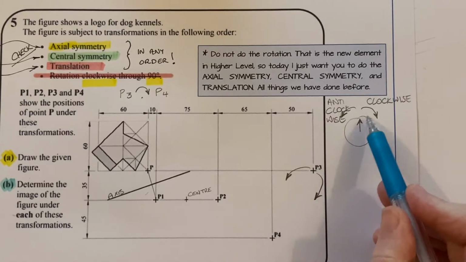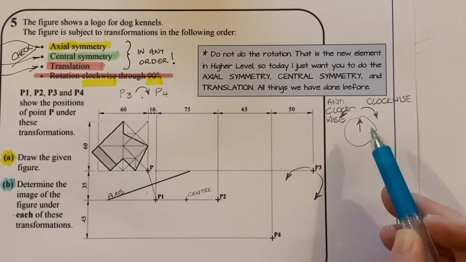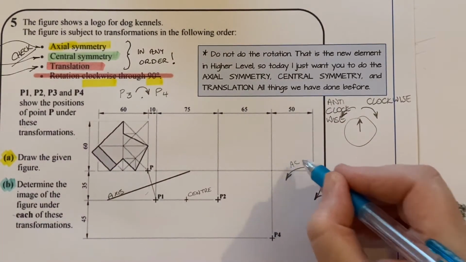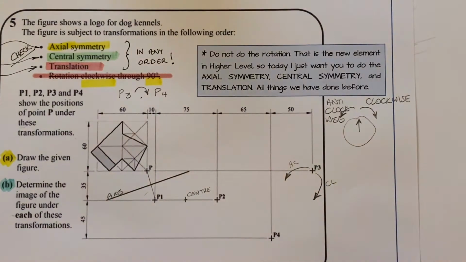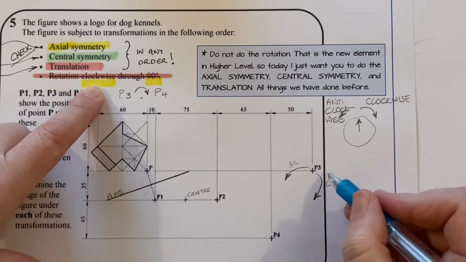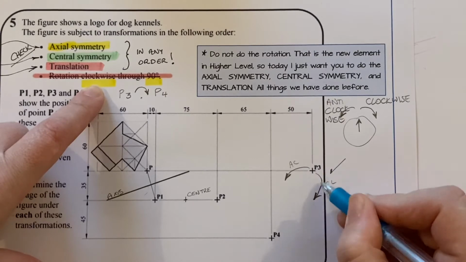So if I go back up here and look at what I've written, even though it's a little bit messy, I'll tidy it up in a while. This one is my anti-clockwise, my AC. This one is my clockwise, my CL. So if this is my clockwise, that's what they've asked us to do. That means this arrow here is the relevant and important one.